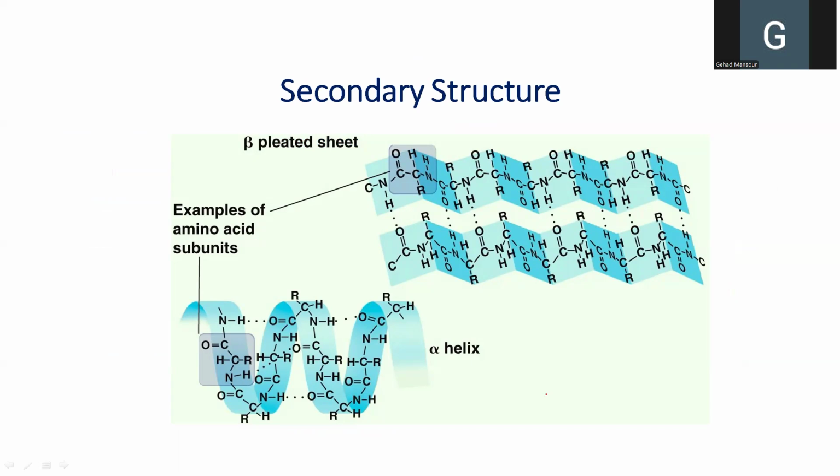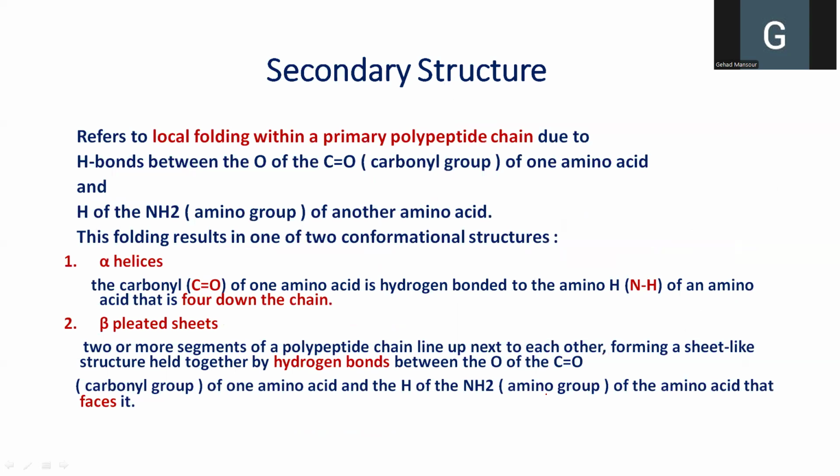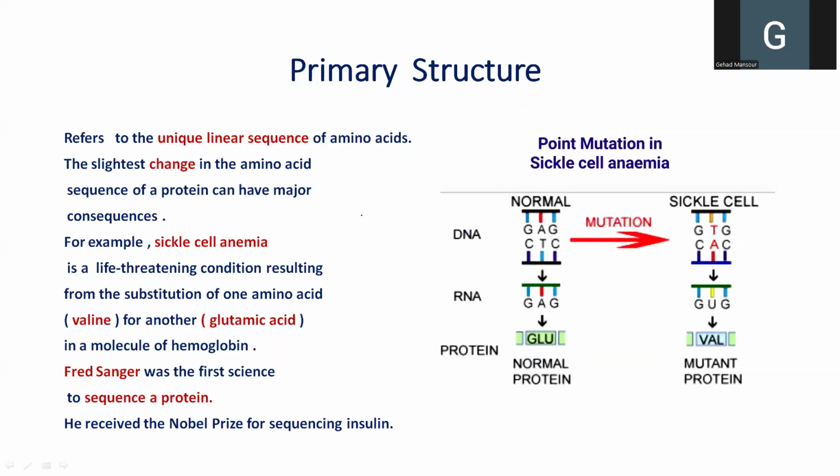But in the secondary structure, how does this folding of alpha helix and beta pleated sheets occur? In the secondary structure, this is local folding. Folding is understood. But before saying this, I haven't yet mentioned what anemia is. Coming back to the sickle cell anemia, when the red blood corpuscles are deformed like this, they clog the blood vessels. This is one problem.